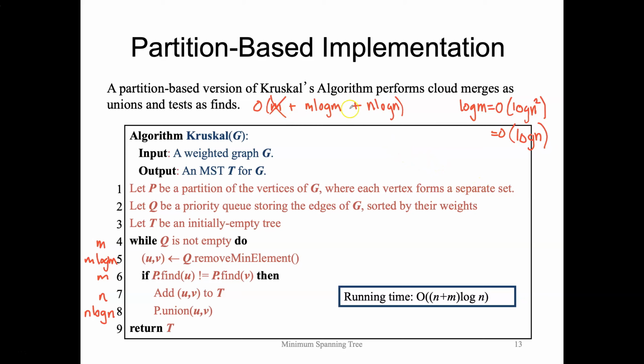So we could express this now as m log n plus n log n. So at least those logarithmic terms are the same, and we're left with n plus m, all of that times log n. And again, if we're working with a connected graph, since n is big O of m, then we can express this simply as m log n as well.